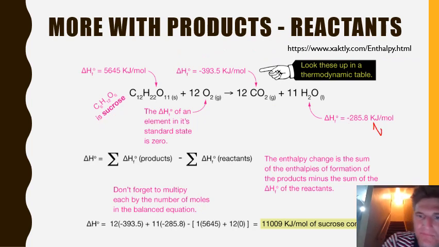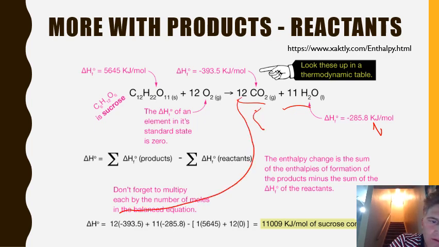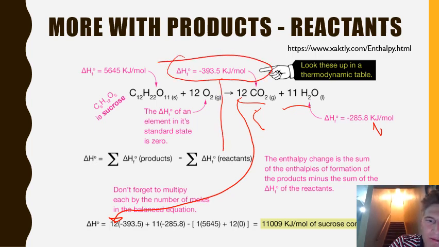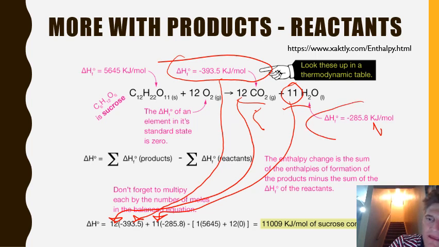So we can see that they did products minus reactants. The two products being CO2 and H2O. So we can see the 12 right here from the number of moles of CO2 with the negative 393 kilojoules per mole right there. And we can see the 11 moles of H2O and the negative 285 kilojoules per mole right there.